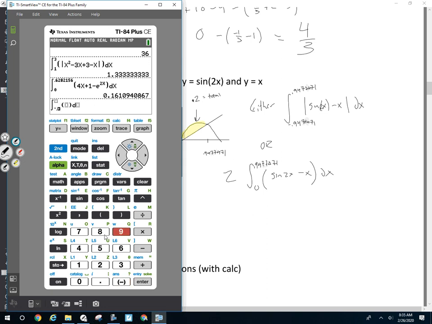Negative 0.9477471 to 0.9477471 of absolute value sine 2x minus x.